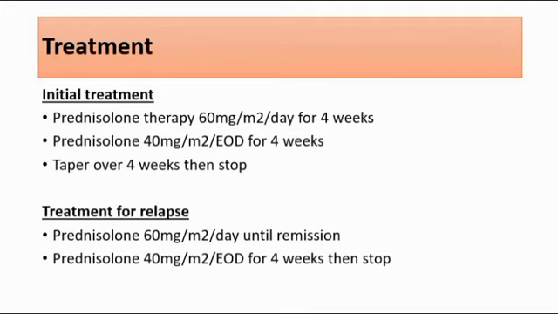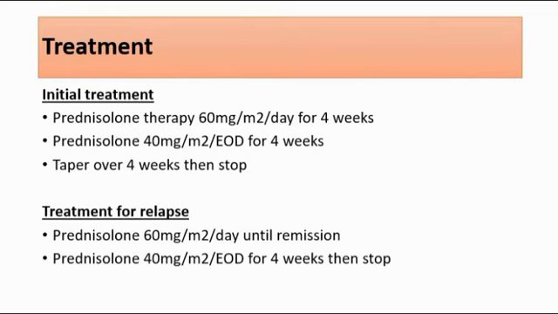EOD means every other day, so maybe 2 or 3 days once, for 4 weeks as well. And then after that, we taper down the dosage over 4 weeks and then stop the treatment. With this initial treatment, 80% of the children will achieve remission within 28 days. So usually within 4 weeks, there will be remission already.